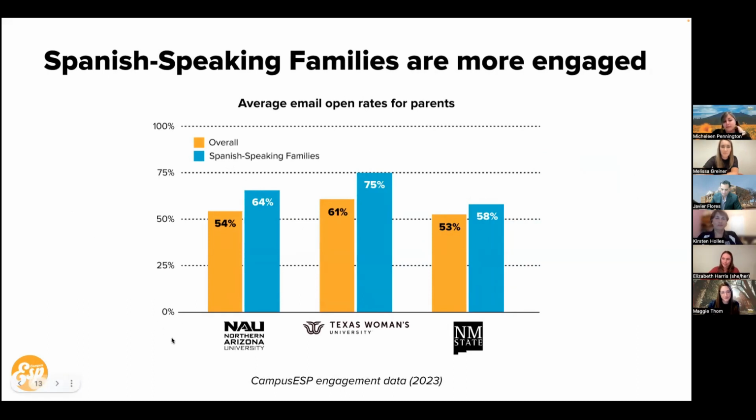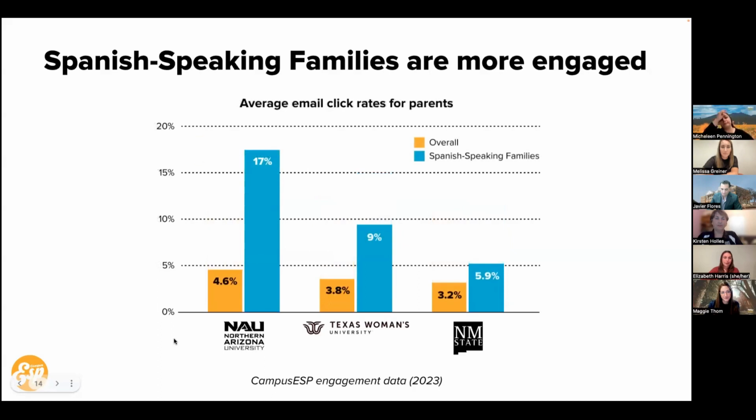But what really sticks out to me is the higher click rates, too, especially at NAU. You can see that the average click rate is 4.6% for their overall families. But when you take a look at those Spanish-speaking families, they are really engaging with the content and looking for that support to help serve their students.